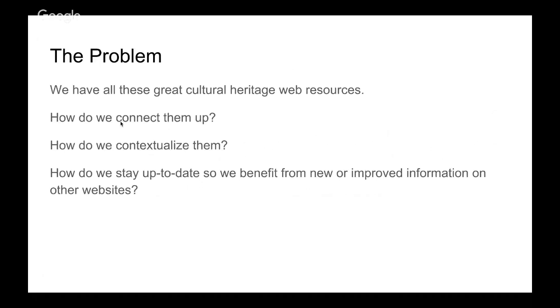And also, once we publish something, is there any way we can have it stay up to date? Can we benefit when somebody else publishes something new that might be relevant to something we've already published? So we've got this kind of situation of data siloing.